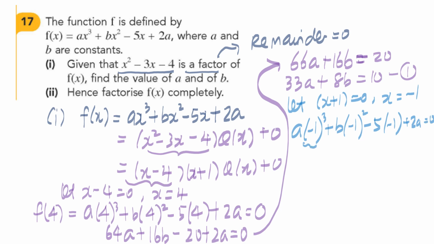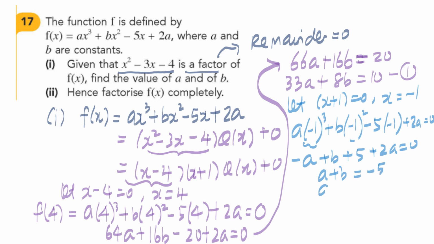This will give you negative 1, so that will be negative a. This will be positive 1 plus b plus 5 plus 2a equals 0. So that will give you a plus b equals negative 5.